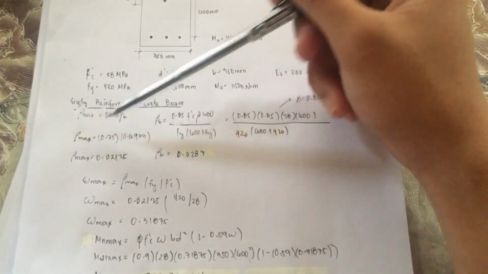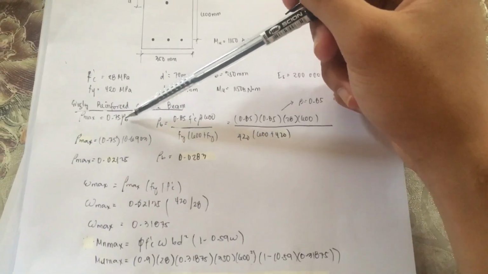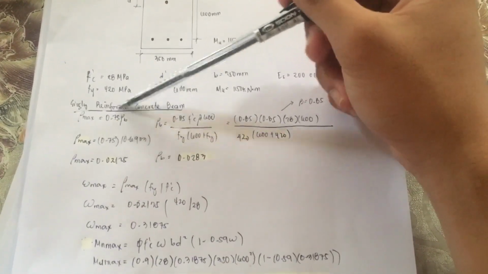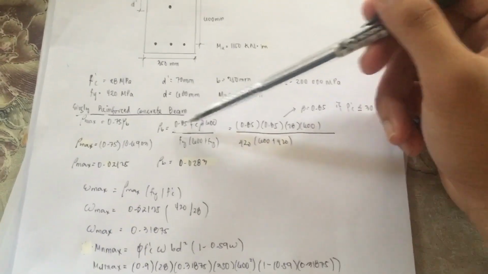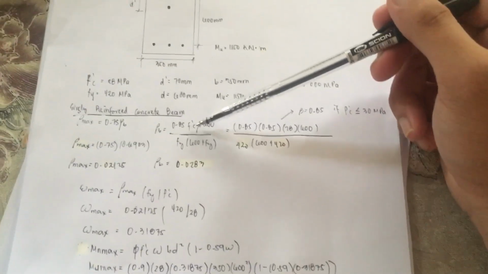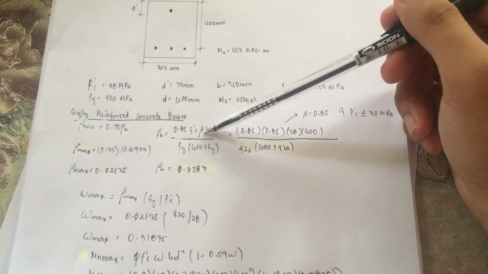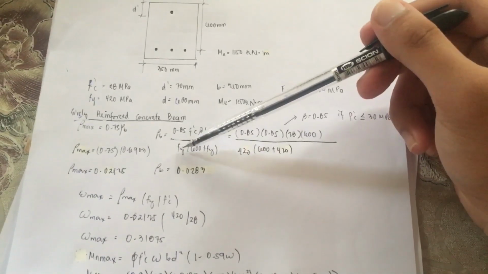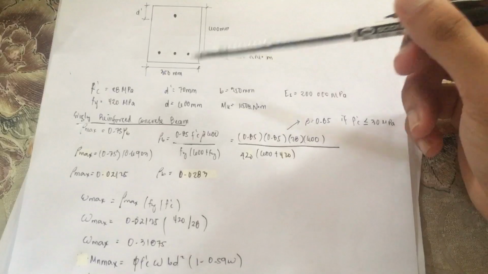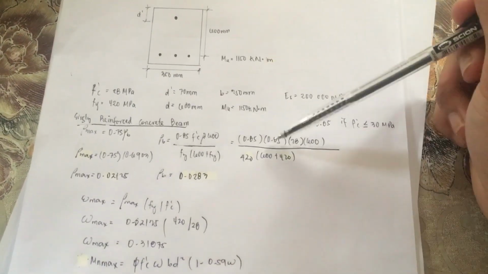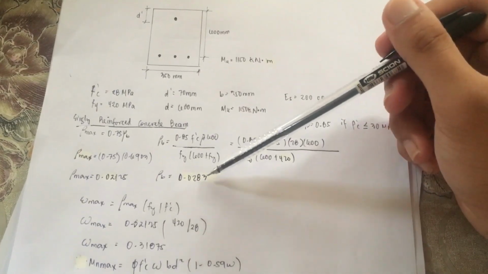By this P max, we're given this formula. However, this balanced steel reinforcement ratio is actually unknown. Pero naa tay formula nga gihatag sa ato ang balanced steel reinforcement, which is this one. We have this F prime C, and we have beta 1, and we have the Fy, which is equal to 420 megapascal. So by substituting, we get the balanced steel reinforcement ratio is 0.0283.